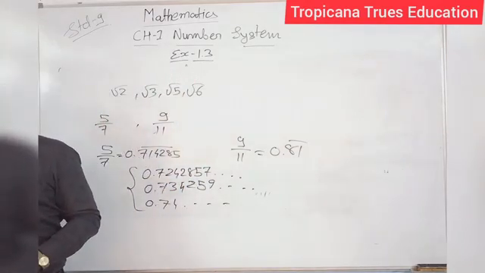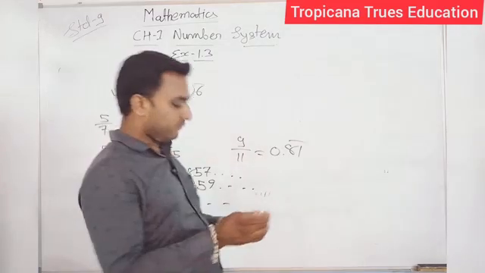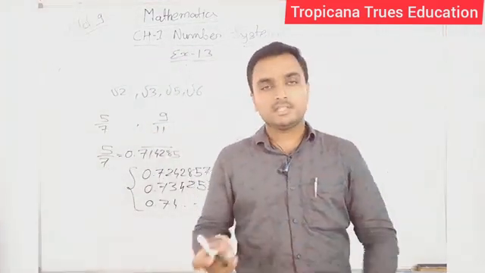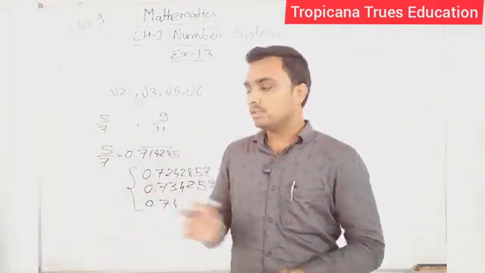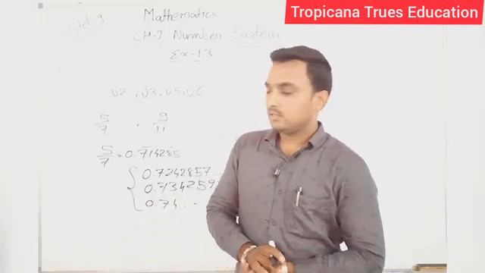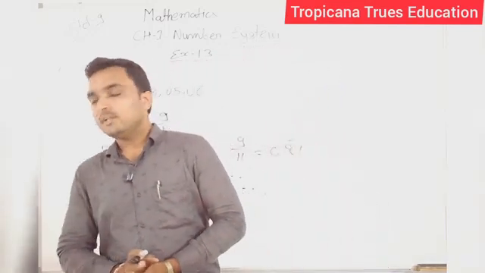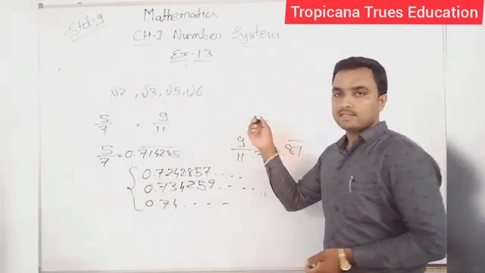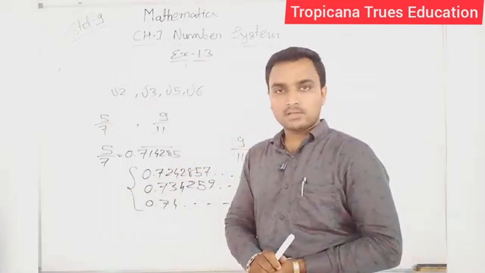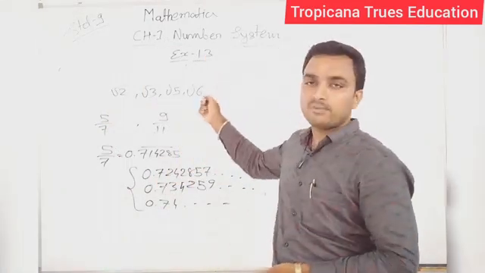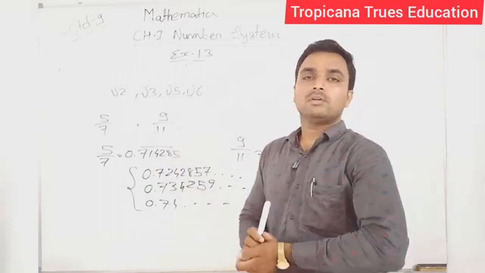Then your question number 9, where you have to identify which is your rational number and which is your irrational number. You have to do this one in your homework. If in the square root a non-perfect square is given, then it will be your irrational number, and if a perfect square is given, then it is your rational number.